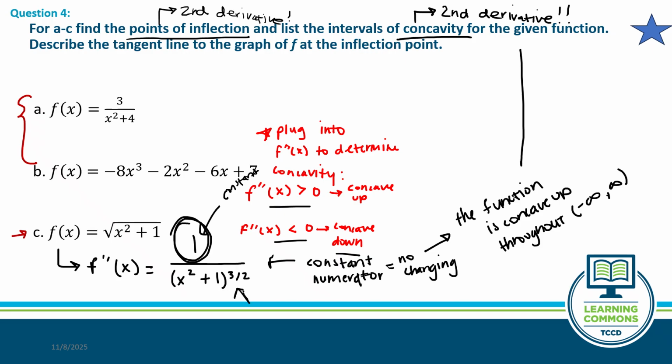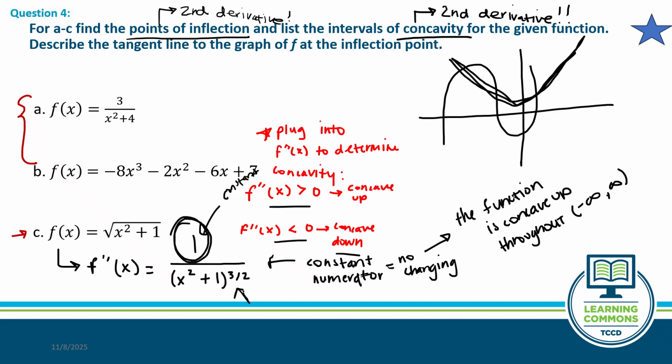The graph looks kind of like this. It's almost an absolute value, but it's softer. But there's no point of inflection. It doesn't change. There is no point at which it goes up and then down, and then there's a change somewhere, right? This is all the way up the entire time. Okay? So that's that one.